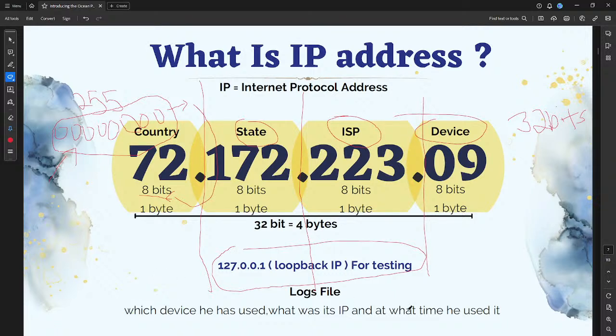Now for a cybersecurity professional who is trying to troubleshoot or investigate a certain intrusion, or maybe a log file, as you can see here, what role do you think the IP address is going to play? It will help the professional to know the IP address of the intruder, as the case may be, or of that device.